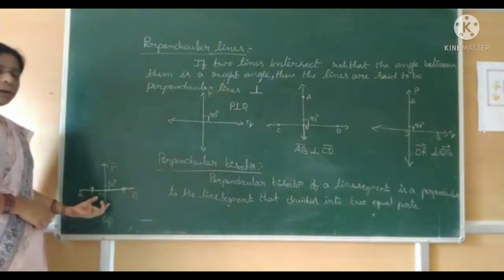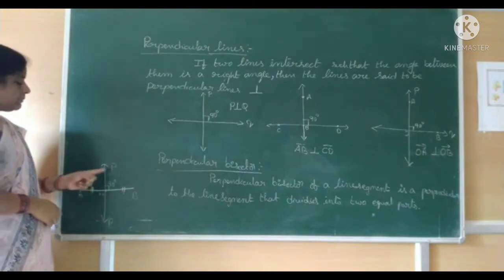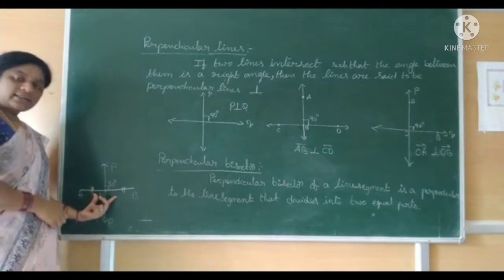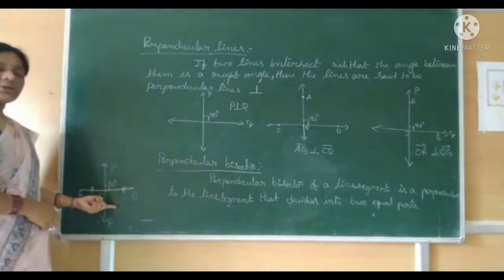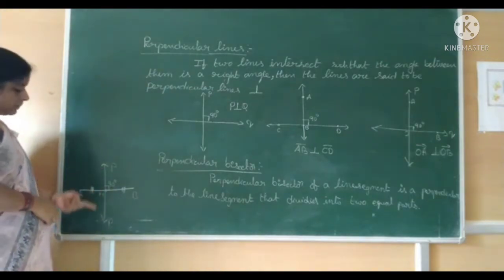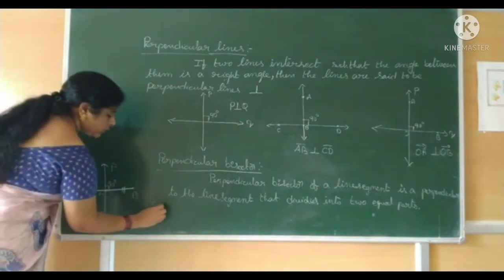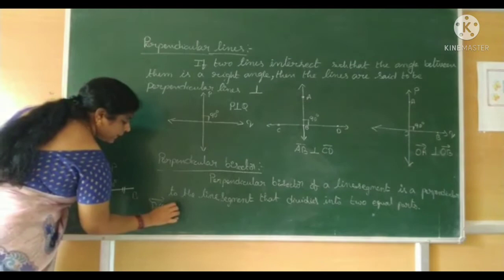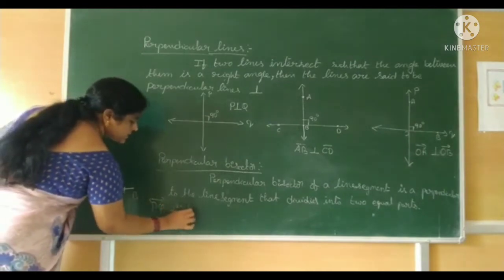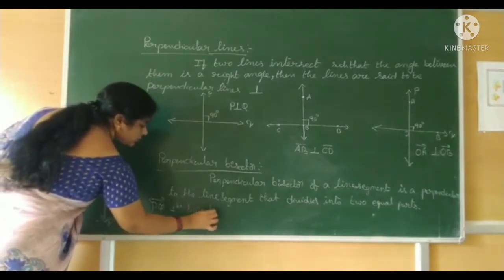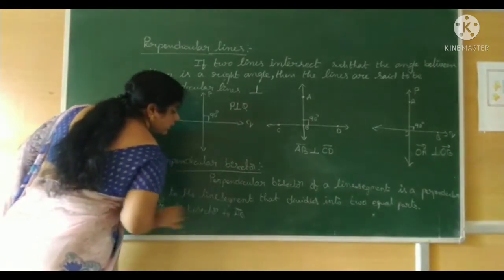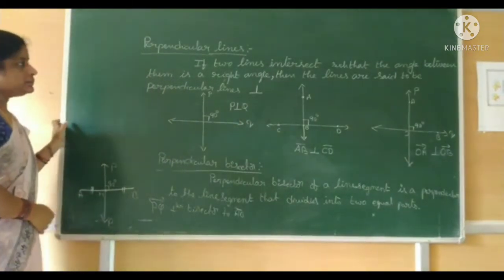So this is nothing but a perpendicular bisector, making an angle of 90 degrees, and the two parts are equal. Then it is said to be a perpendicular bisector. Line PQ is the perpendicular bisector to line segment AB. Clear?